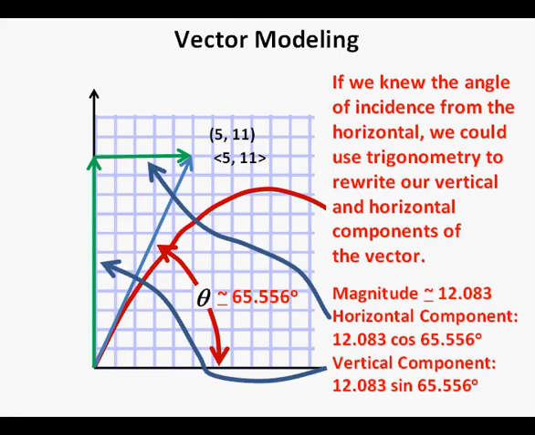And now with a magnitude of 12.083 and an angle of incidence of 65.556 degrees, we can rewrite the vertical and horizontal components of our vector as follows. The vertical component is 12.083 times the sine of 65.556 degrees, and the horizontal component is 12.083 times the cosine of 65.556 degrees.